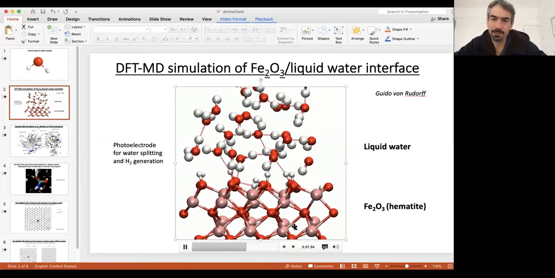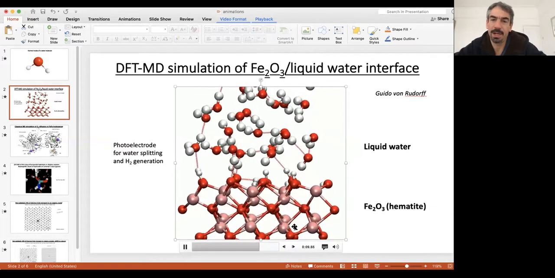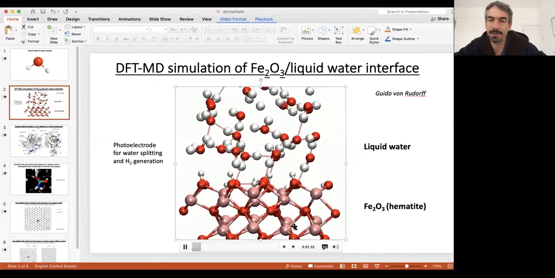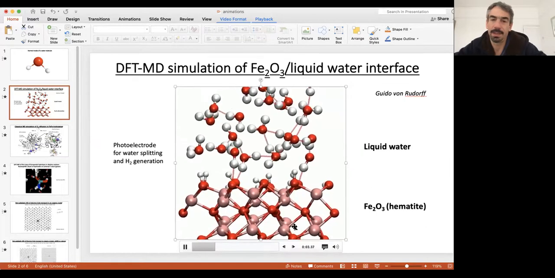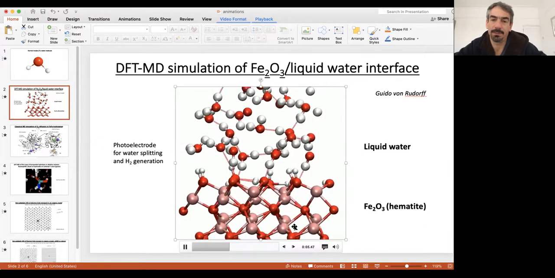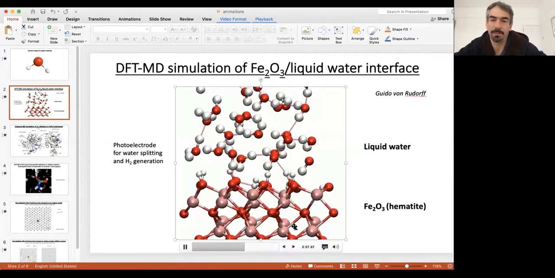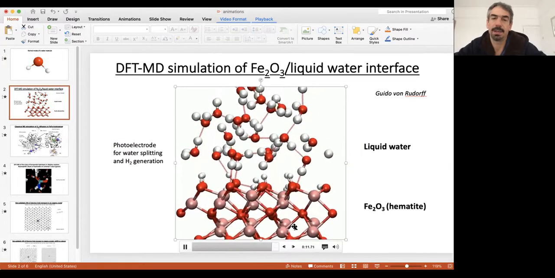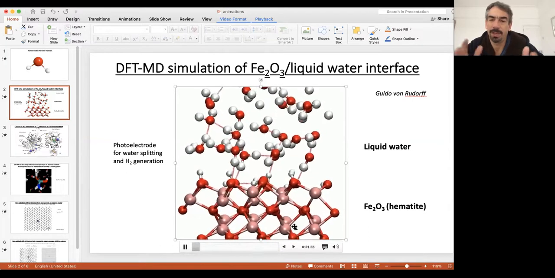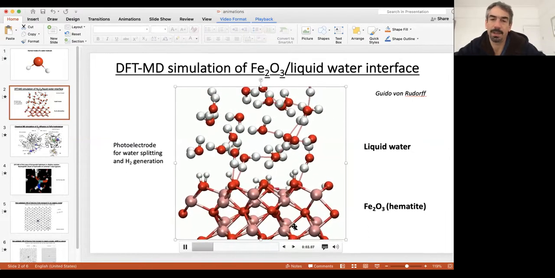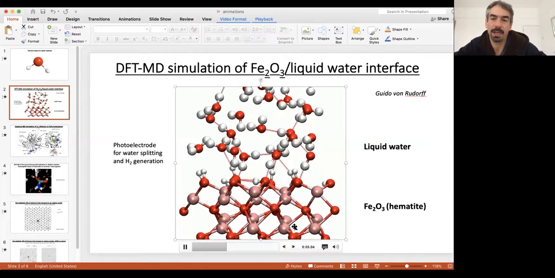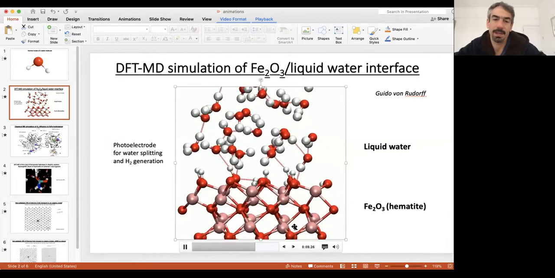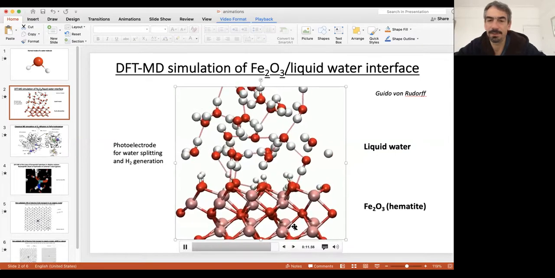But what we are doing now with machine learning methods is that you can actually fit the machine learning potential to these kind of reference calculations, and then do MD simulation on much longer time scales, where you then are able to calculate the dynamical quantities, diffusion coefficients, mean residence time, these kind of things.